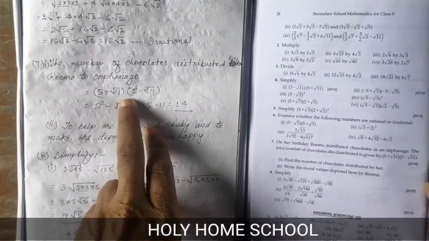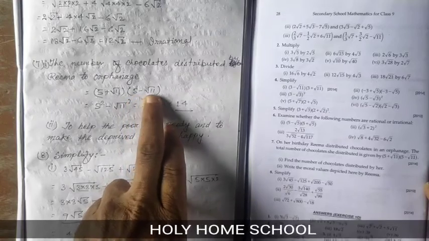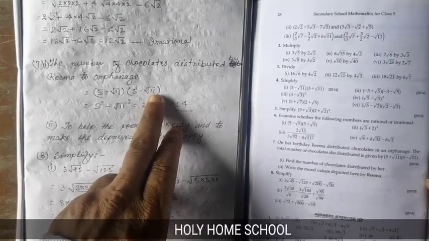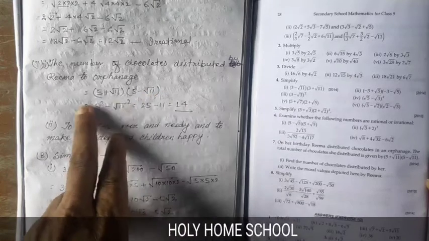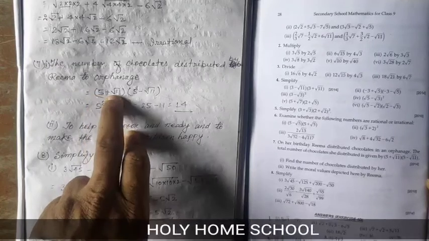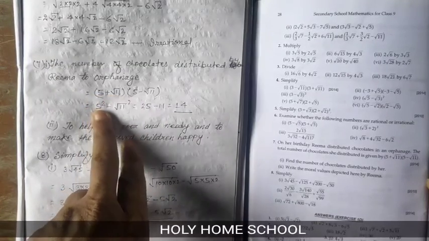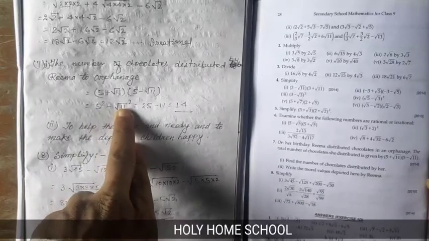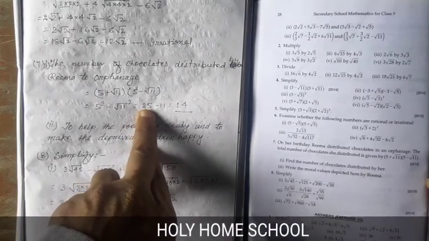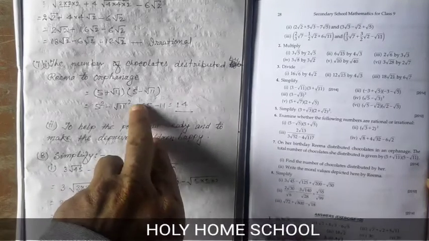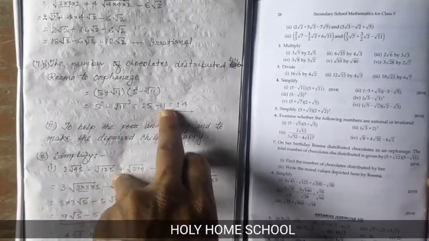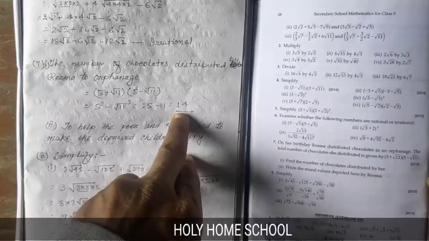Those are 5 plus root 11 into 5 minus root 11. Solve it on the process of (a plus b) into (a minus b), which is a square minus b square. So take 5 instead of a and root 11 for b. Here it will be 5 square minus root 11 square, which is 25 minus 11, since the square root and square cancel, leaving 11. 25 minus 11 equals 14.